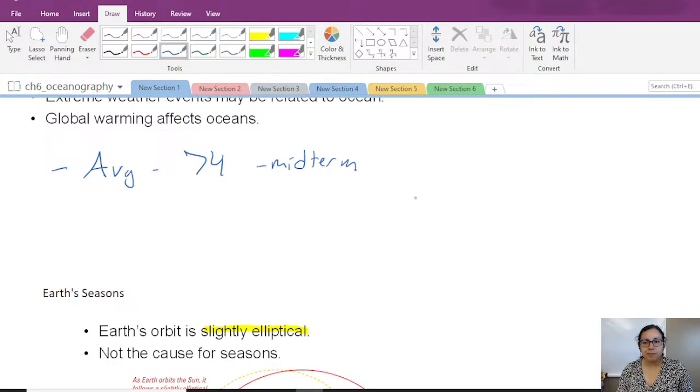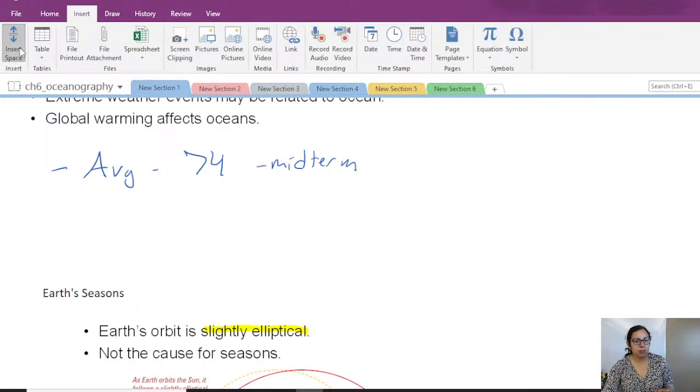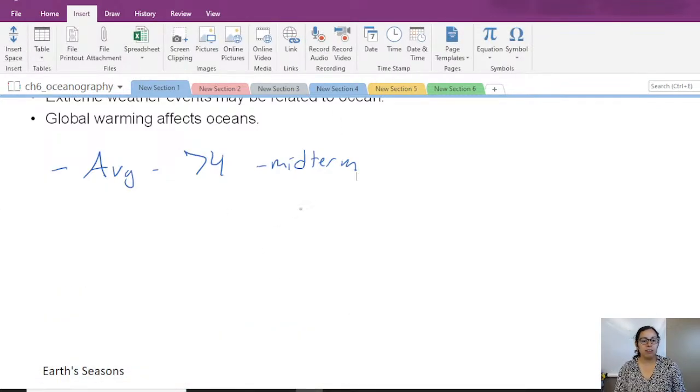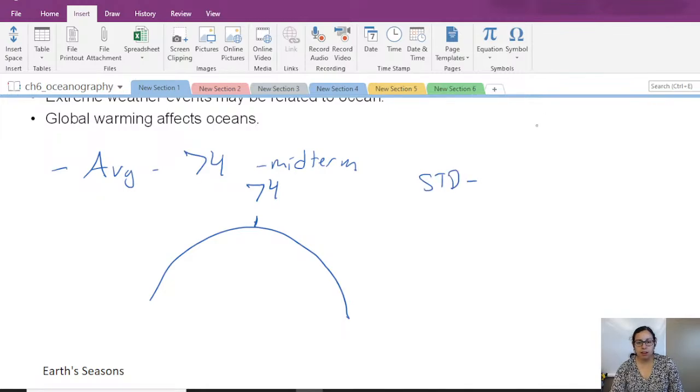And so quick statistics lesson too. Everyone should take stats, by the way. Our average was a 74, but what we also need to know was that we had a standard deviation of 13. So that's kind of large.